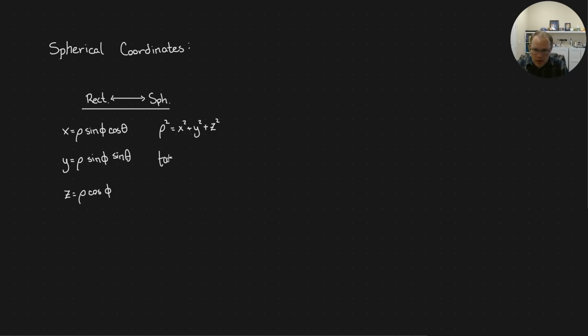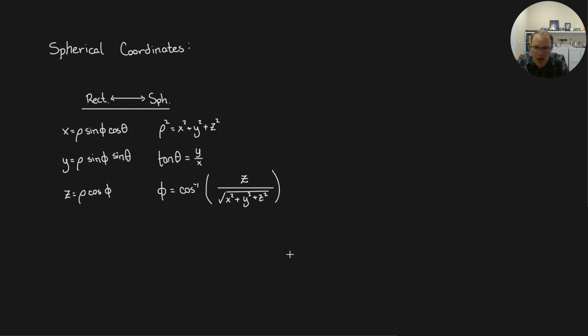Tangent of theta equals y over x. And phi is equal to the arc cosine of z over square root of x squared plus y squared plus z squared.